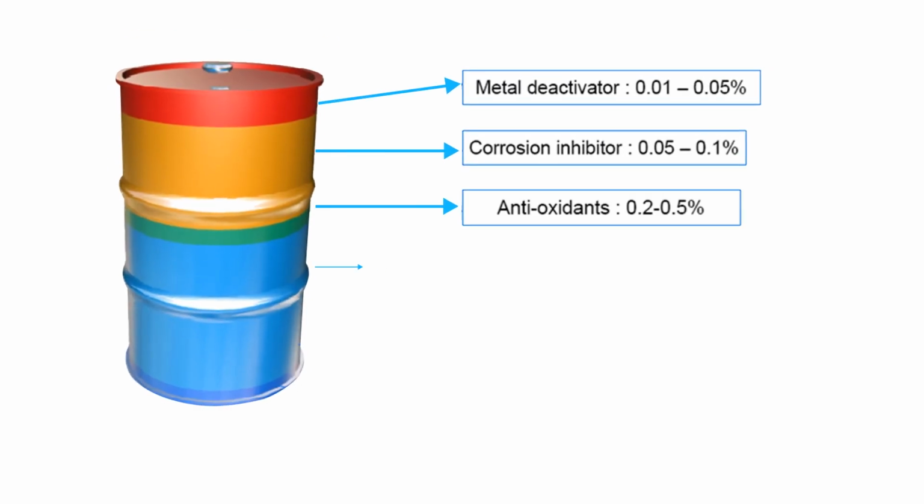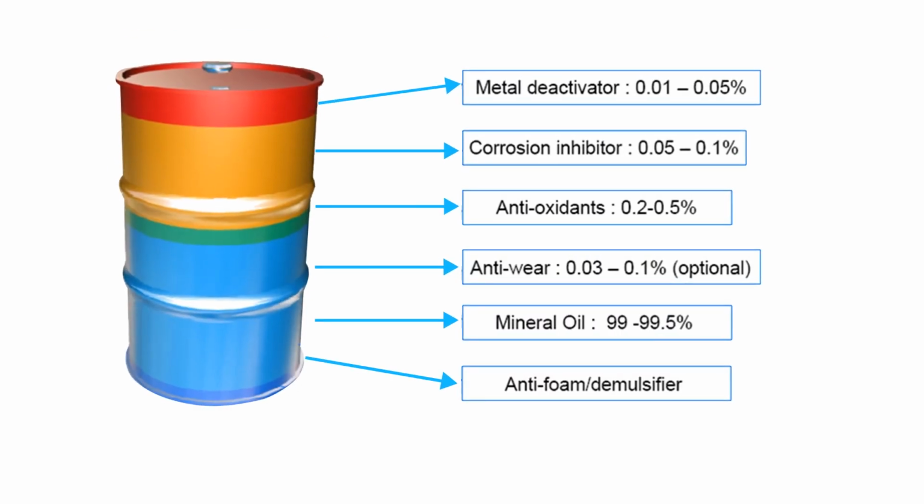Finally, a variety of additives like metal deactivator, corrosion inhibitor, antioxidants, anti-foam, demulsifier and in some cases anti-wear additives are added to the mineral base oil to formulate a turbine oil capable of dealing with the smooth running of the turbine.